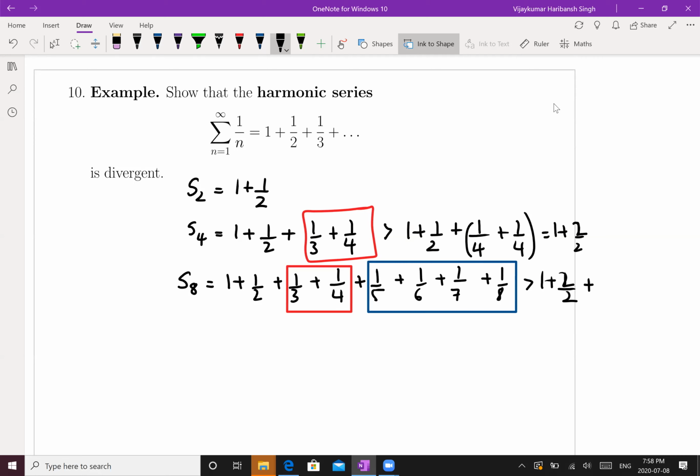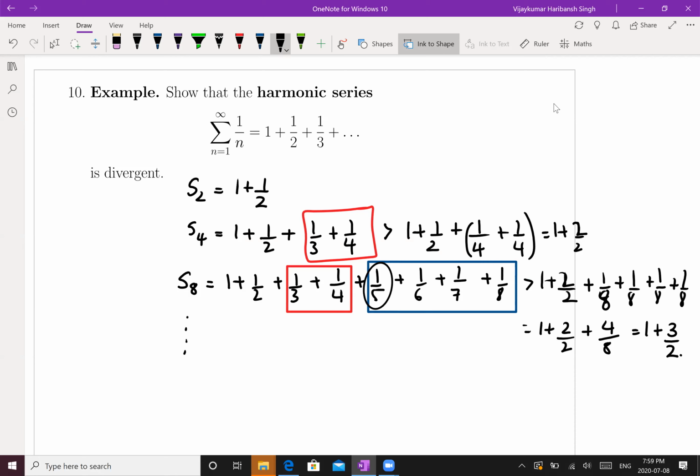And for the other part, that is also bigger than 1 by 2, because you can replace this by 1 by 8. So 1 by 8 plus 1 by 8 plus 1 by 8 plus 1 by 8. And that is going to be 1 plus 2 by 2 plus 4 by 8, which, if you look at this carefully, is 1 plus 3 by 2.